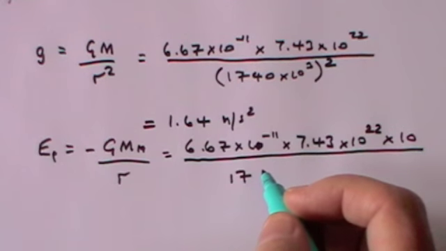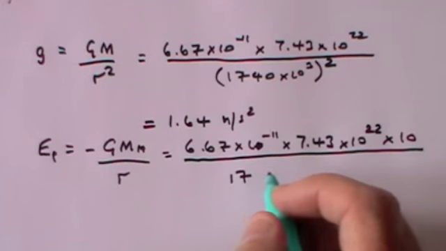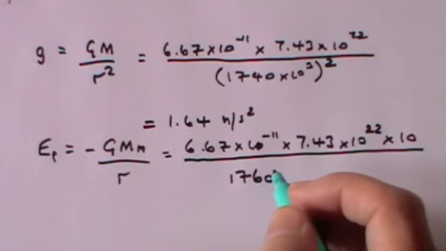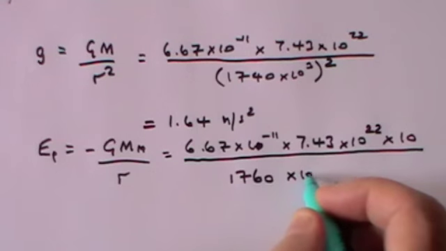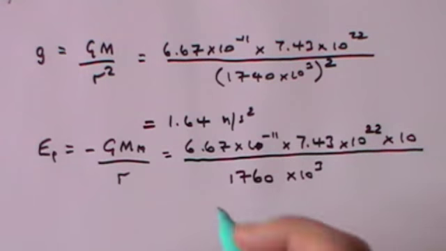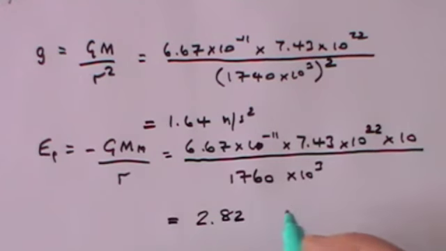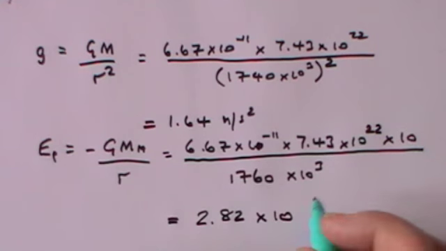So now r is the radius of the Moon plus the 20 kilometers above the surface, so that becomes 1760. And of course you've got to convert that to meters. And if you put all that into your calculator, you should find that that comes to 2.82 times 10 to the 7 joules.